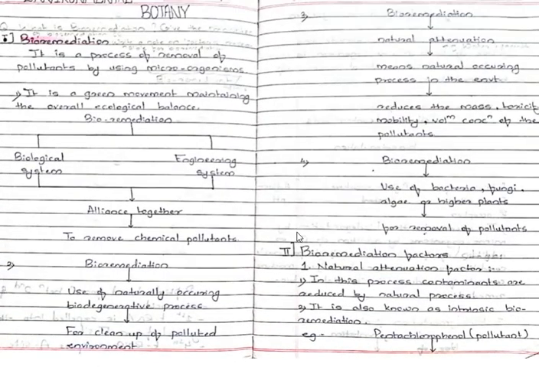Firstly, I talked about bioremediation. Bioremediation is the alliance between biological as well as engineering systems to reduce chemical pollutants. Also, it is a natural process for cleaning pollutants from the environment.